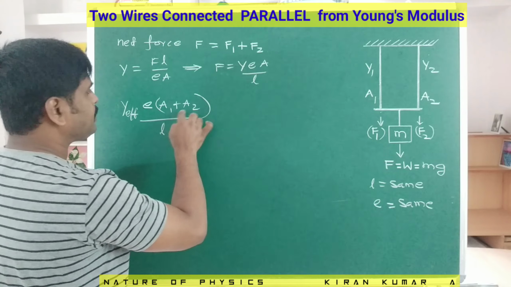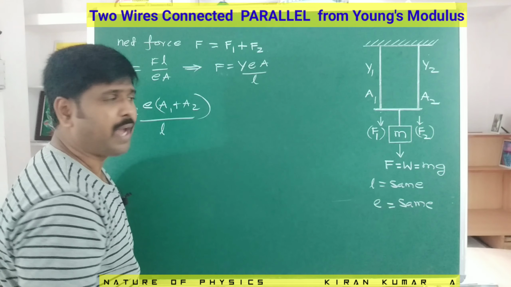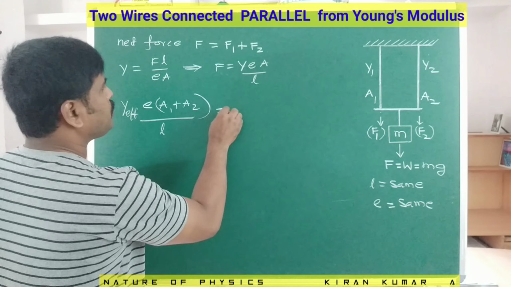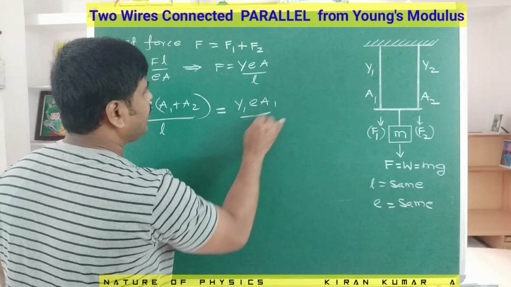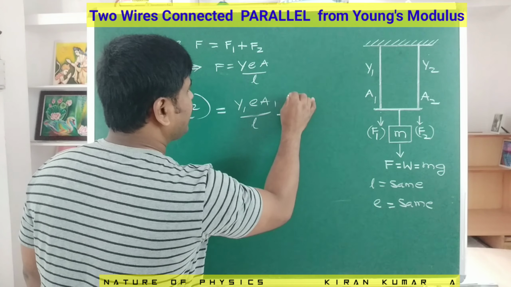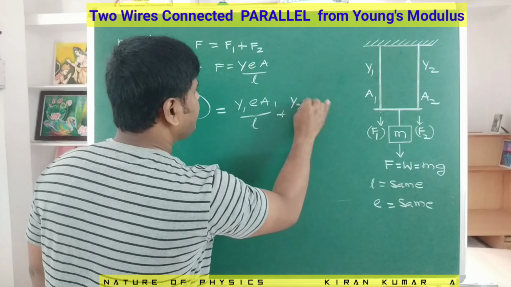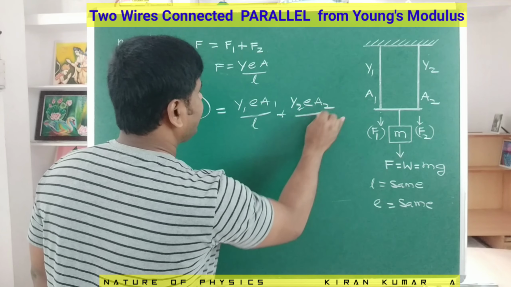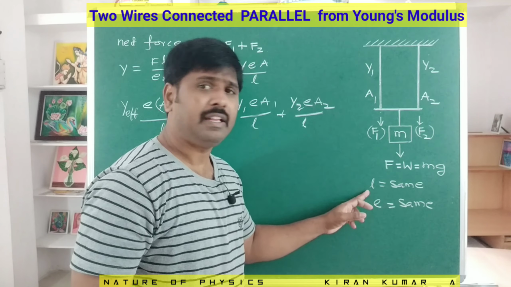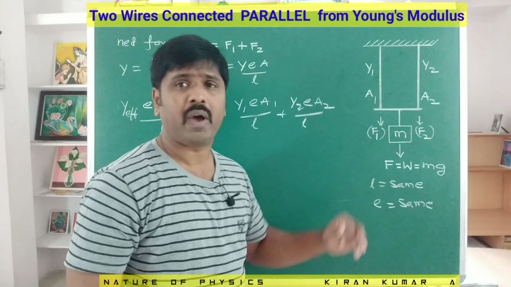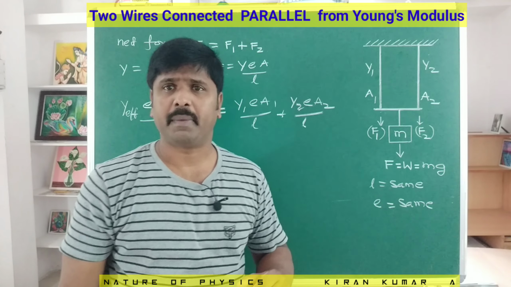This area is the total area of the two wires, which is equal to F1 value, Y1 E A1 by L, and the F2 value is Y2 E A2 by L, because elongation and length are both the same for both wires in the parallel combination.